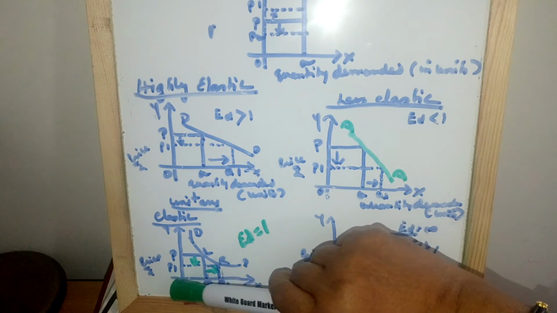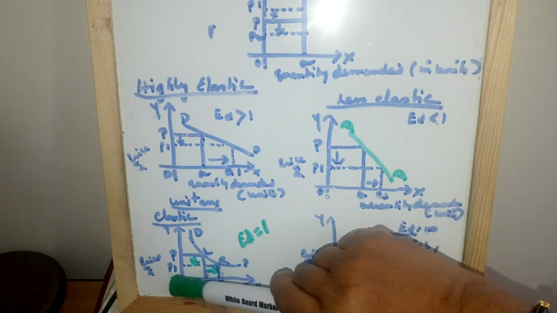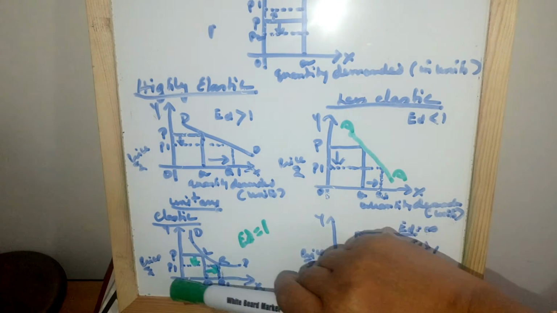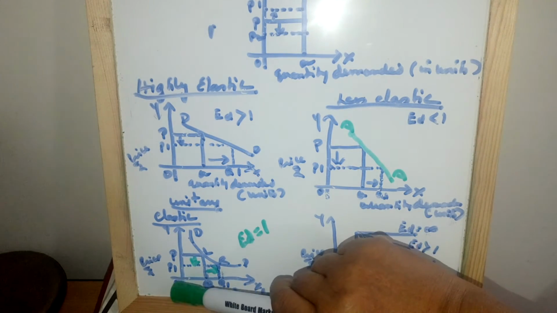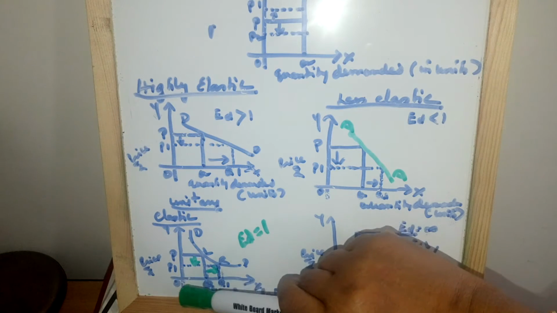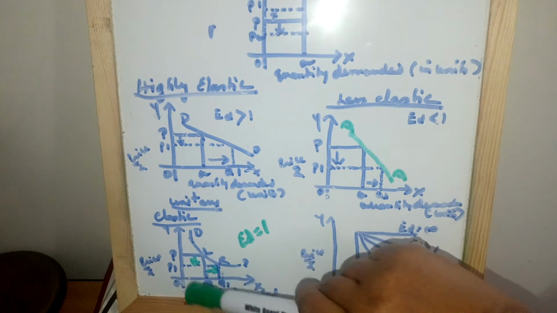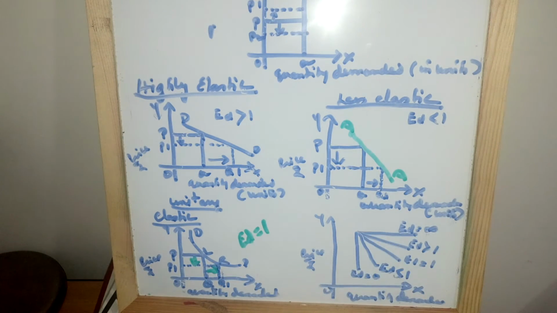OQ is the original, and when the price is brought down, it is increased to OQ1. So you find the rectangle OPLQ, and another rectangle is formed by the change in price and change in quantity demanded, OP1RQ1. So these two areas are equal.